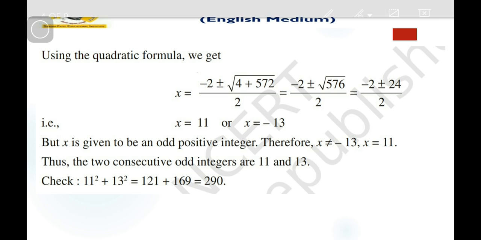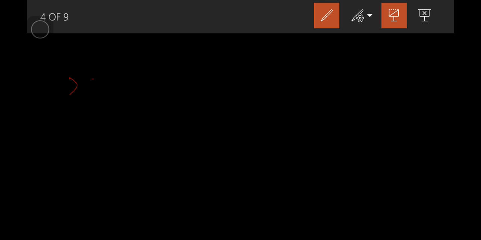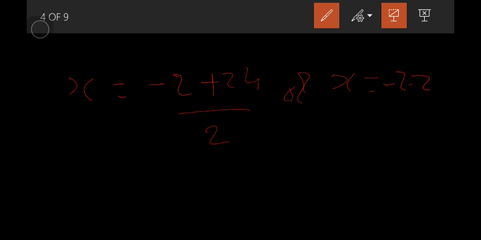That is, we can find two values, as you can see here. x is equal to minus 2 plus 24 divided by 2, or x is equal to minus 2 minus 24 divided by 2, one time plus and one time minus.